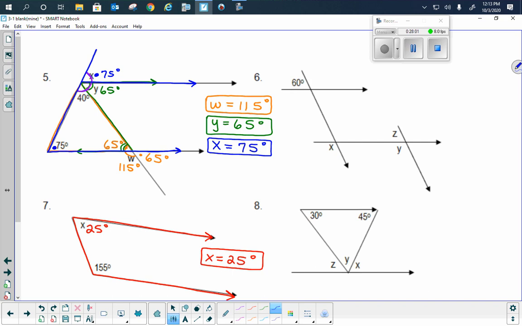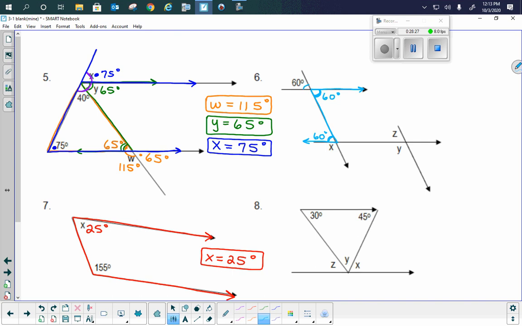We're doing pretty good, so why don't we just go ahead and finish up our 6 and our 8. Okay, maybe a little bit faster here. I'm going to do some vertical angles, put the 60 degrees here. Maybe I will go ahead and do a backwards Z for here. And therefore this angle and this angle are also equal.